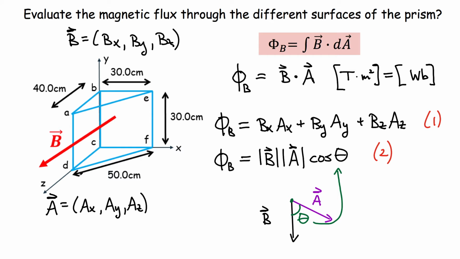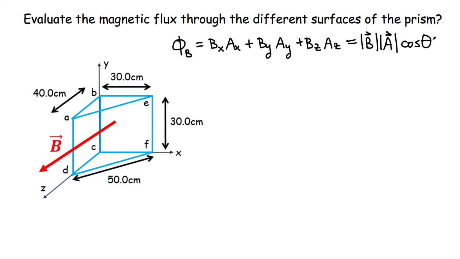We'll evaluate both of them for this problem. So now let's go back to this prism and identify all the areas that we want to look at and identify the flux through each area. Let's first start by identifying our different vectors, starting with our vector B. I define it like this. I haven't given it a magnitude yet, but for everything that follows, I'm going to assume that the vector B is only pointing along the Z direction as shown in the figure here.